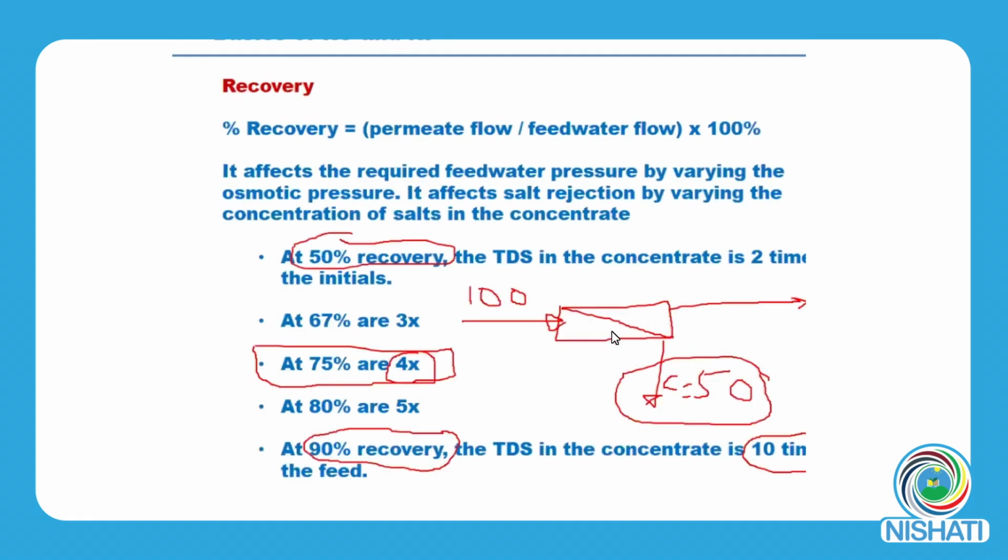Maybe some salts, the less soluble salts, can precipitate onto the membrane, okay? And that's important. So you cannot increase the recovery all you want. It depends on the water quality.